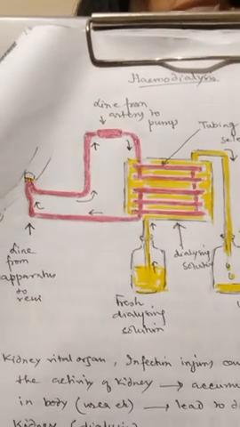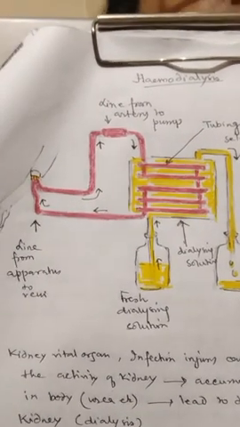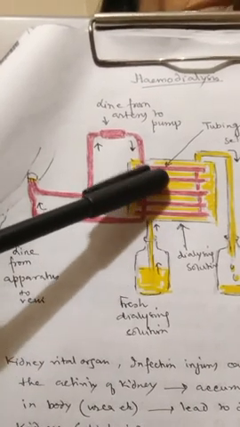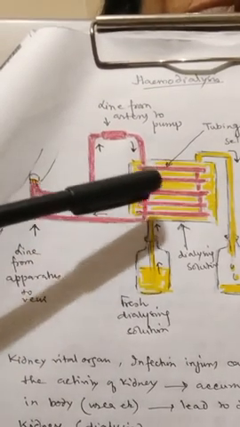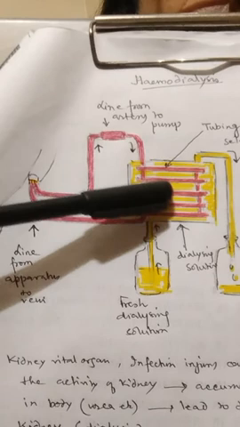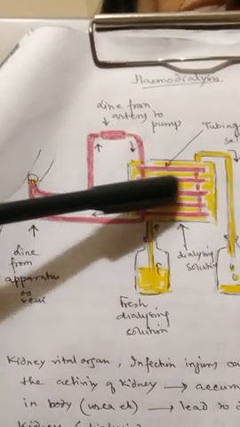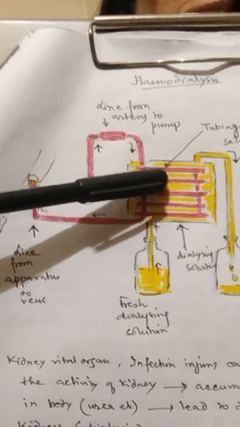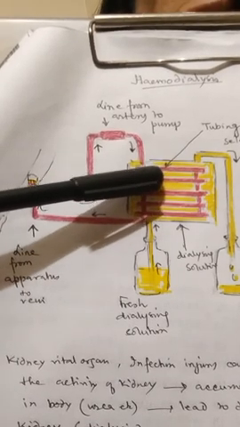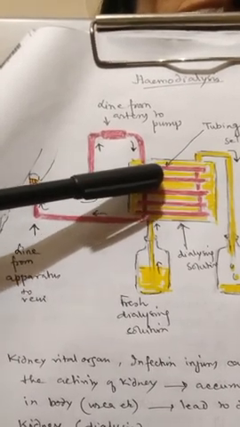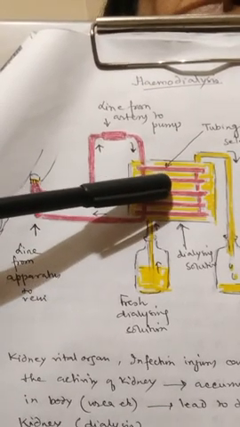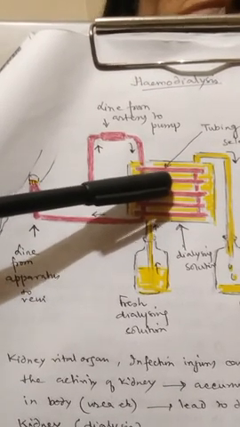So what will happen? As these tubes are made of semi-permeable membrane, the nitrogenous waste from the blood will move into the dialyzing fluid by diffusion. In the tube, the nitrogenous waste, like urea, creatinine, etc., is more, and in the fluid it is approximately zero.